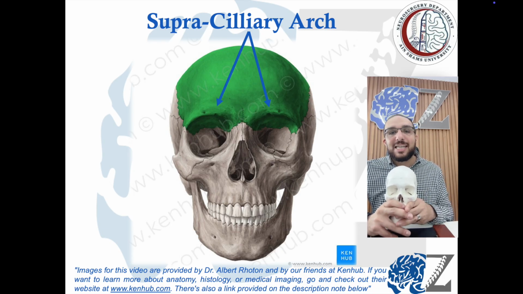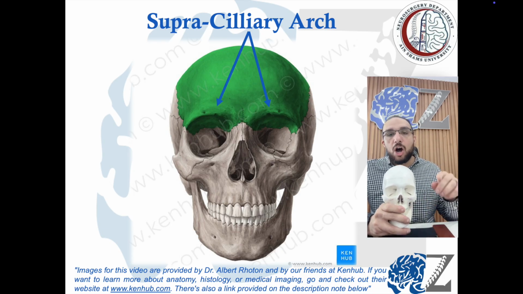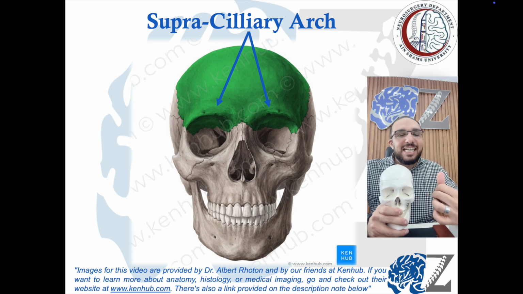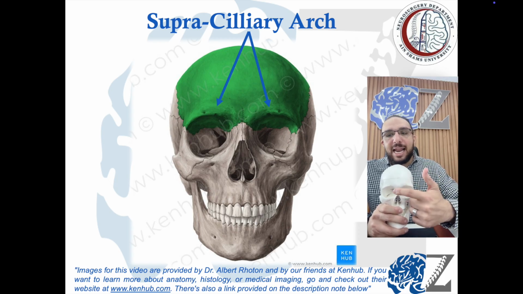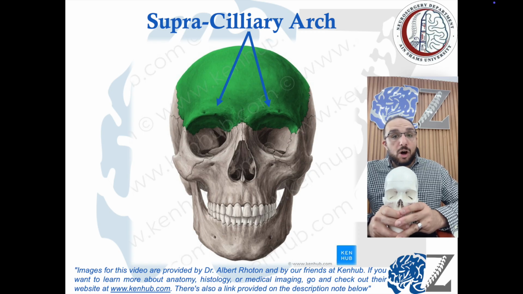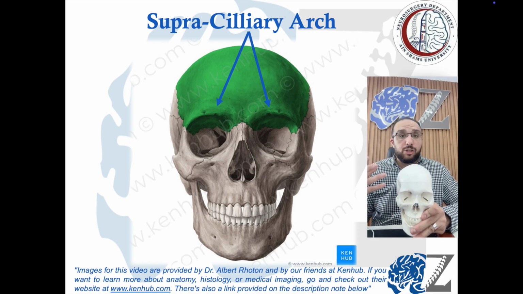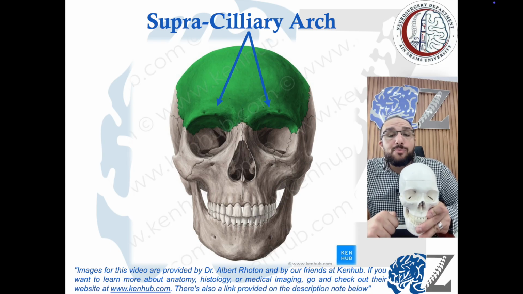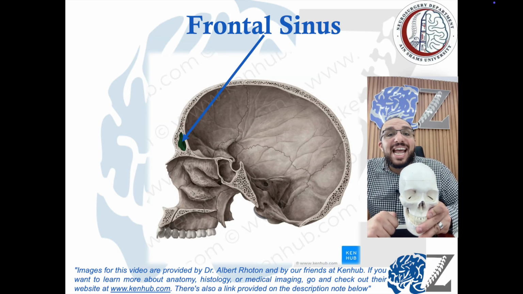They are arches or ridges of bone that are present above the orbit, above the eye, above the ciliary muscles. So we have right and left supraciliary arches. And these arches or elevations in the skull are actually due to the presence of the frontal air sinuses.